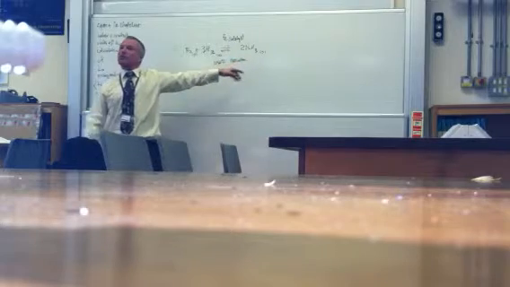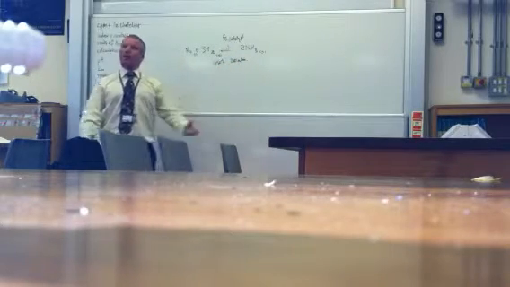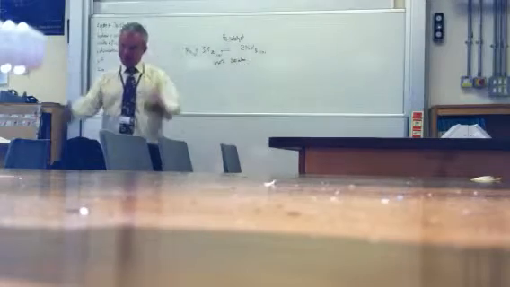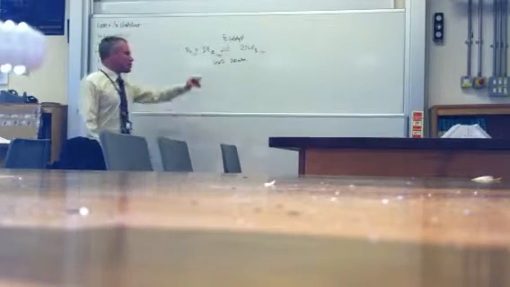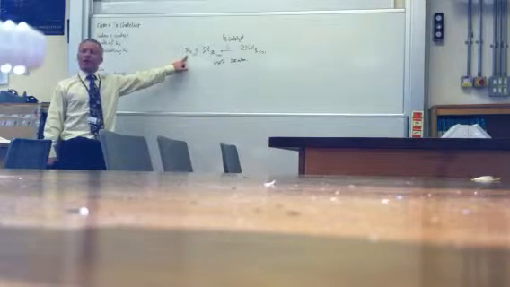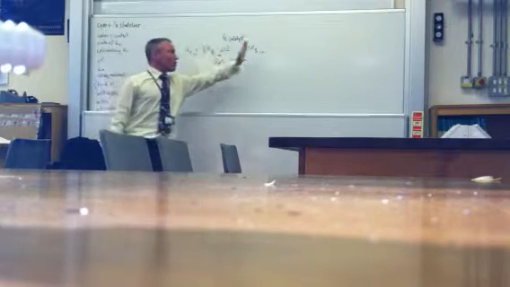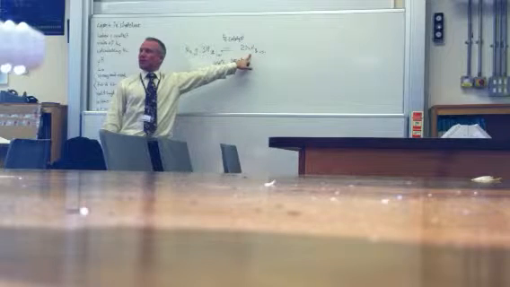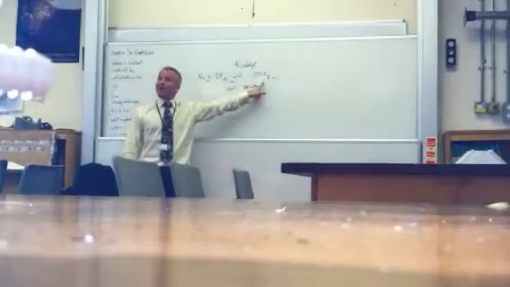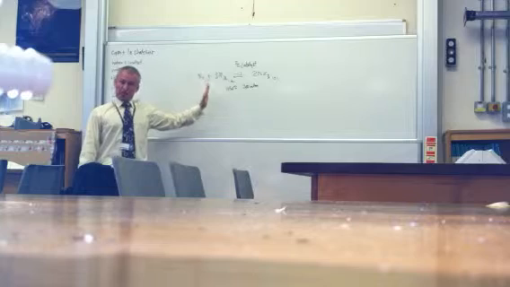Now, Le Chatelier's principle doesn't just apply to pressure, it applies to concentration. In fact, Le Chatelier's principle is all about concentration. So if I increase the concentration of nitrogen, then the equilibrium will shift to the right to produce more ammonia, because it will drop the concentration of nitrogen. If I increase the concentration of ammonia, the equilibrium will shift to the left.